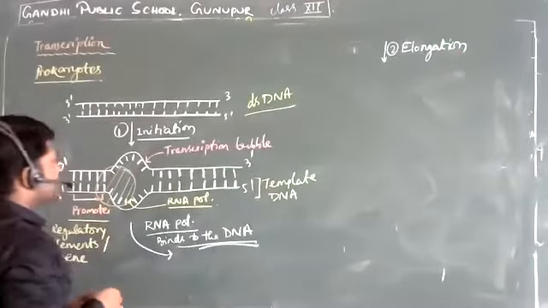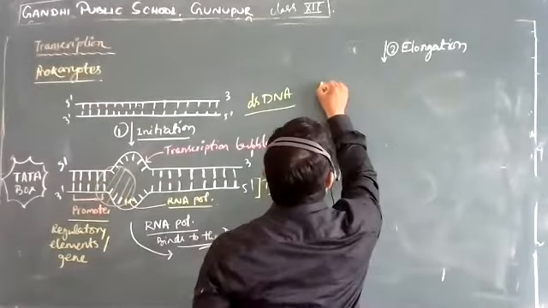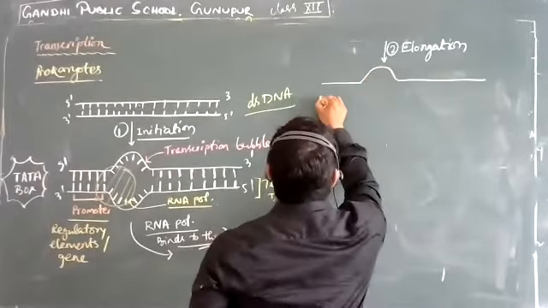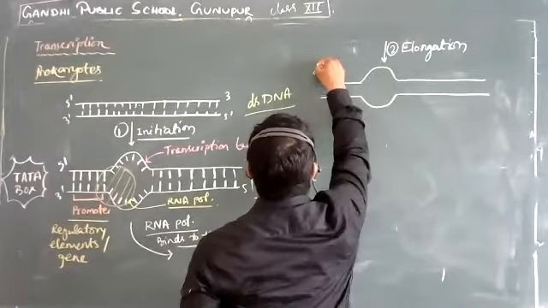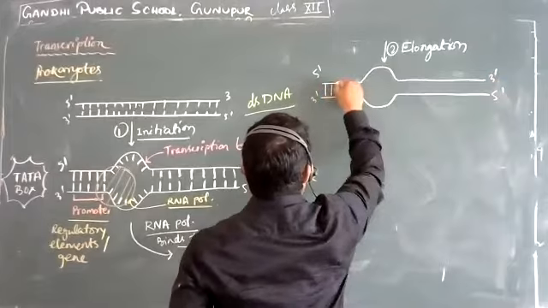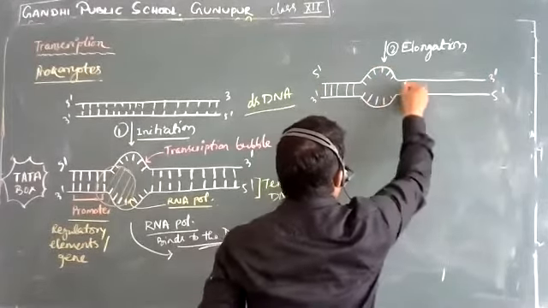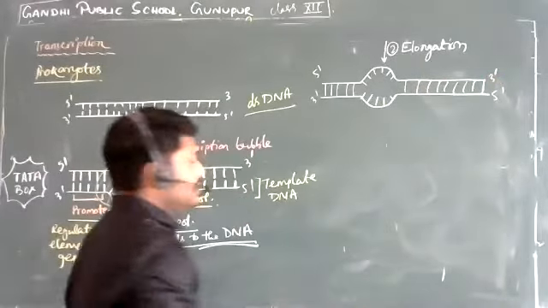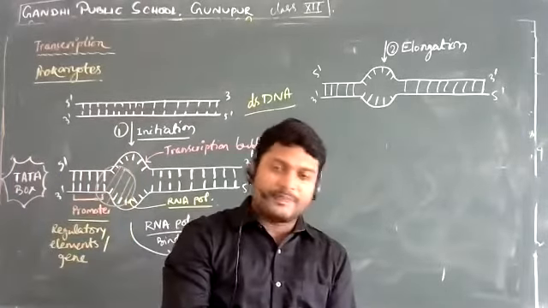Let me first draw this part: 5 prime, 3 prime, 3 prime, 5 prime. As I said earlier, this RNA polymerase cannot initiate the process by itself.